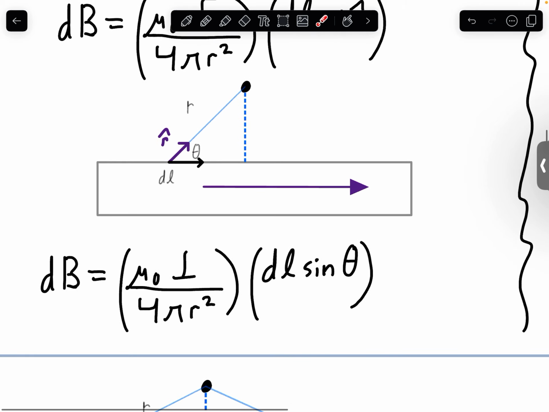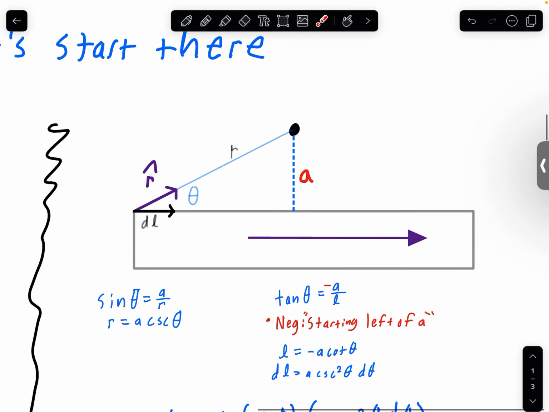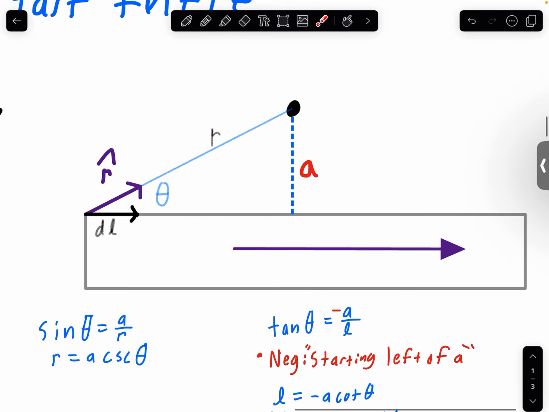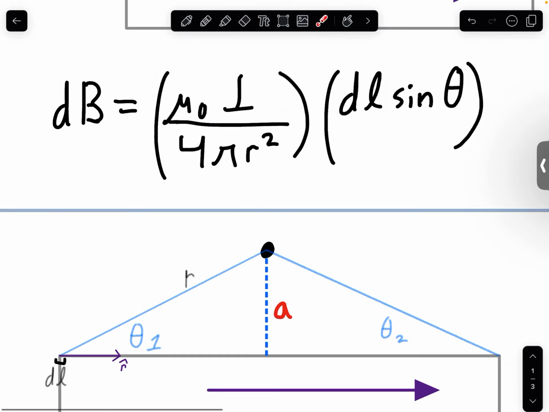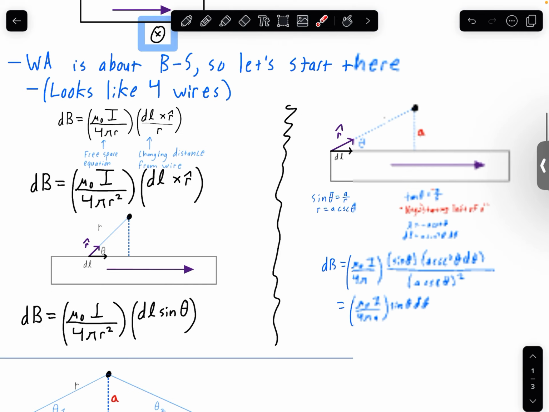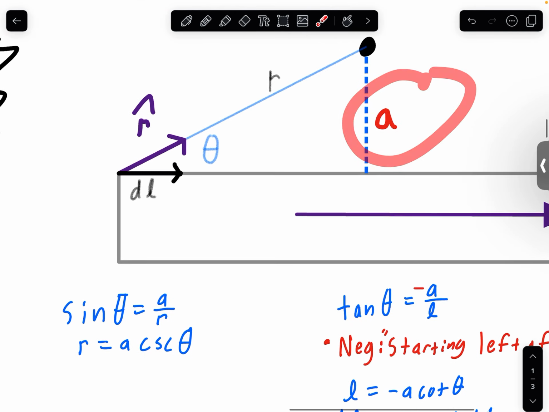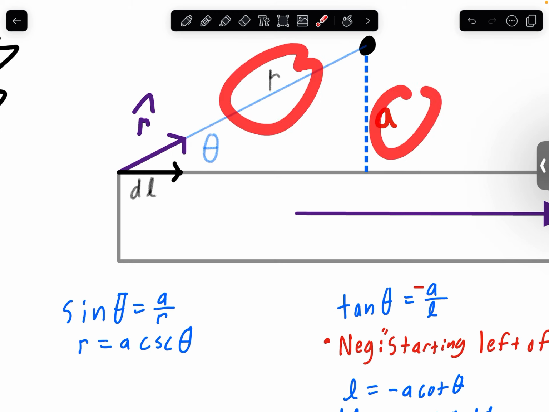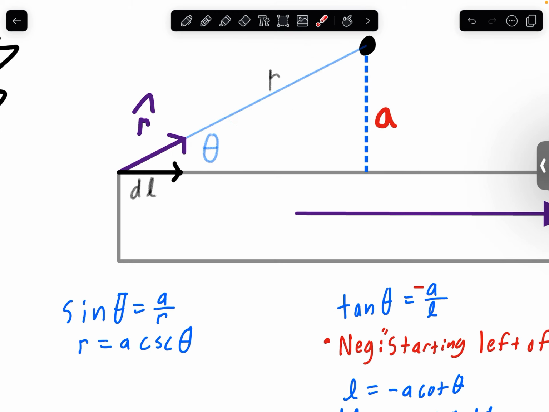And then this is just a simplification of that cross product. Now if I expand this a little bit, this is practically identical to what I did here. I just added this a. So the sine of theta equals a over r, and then r equals a cosecant of theta.